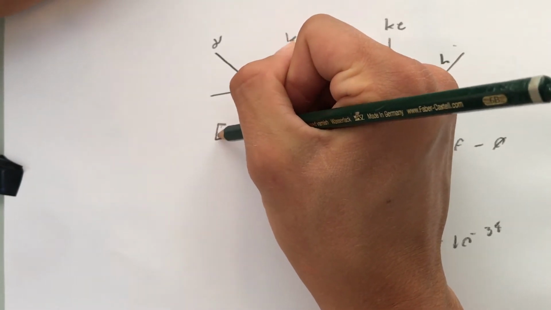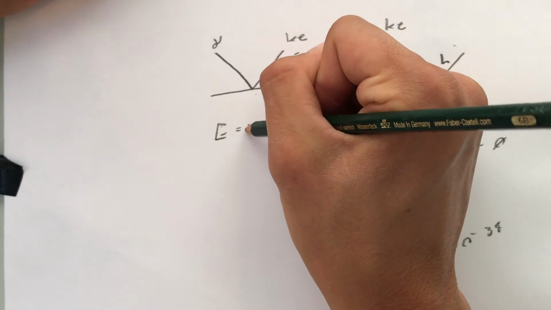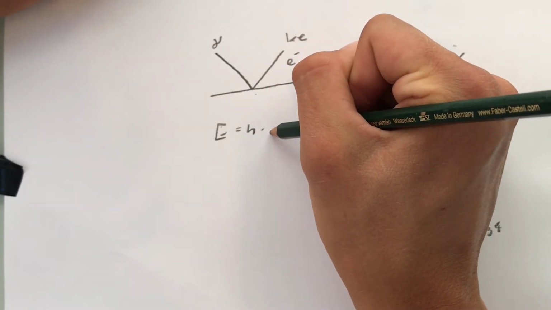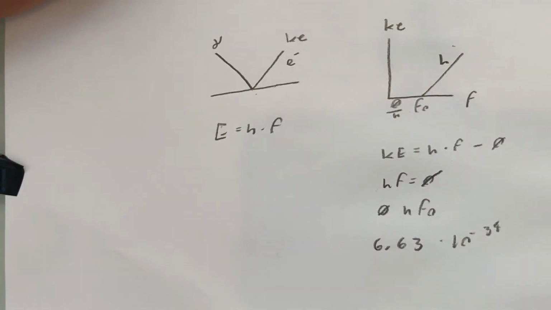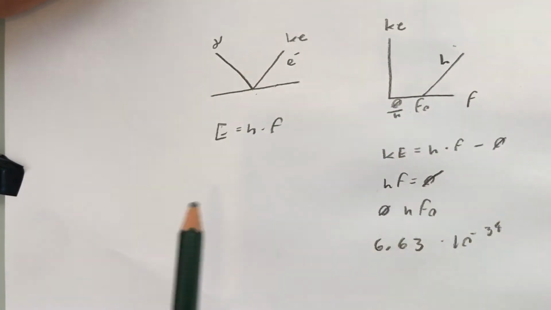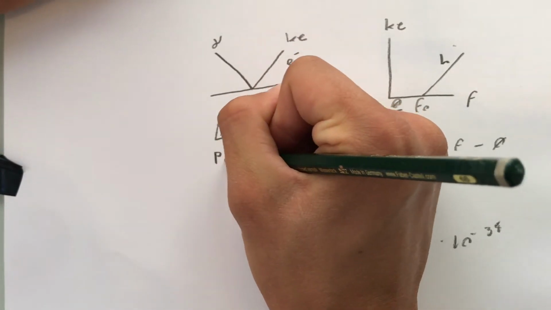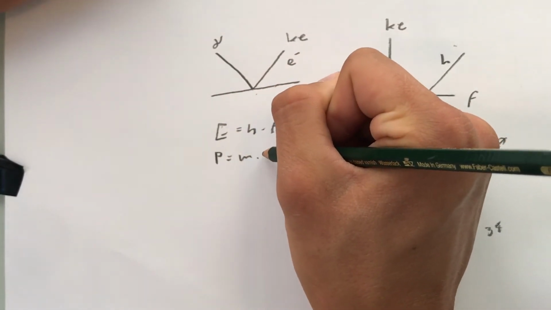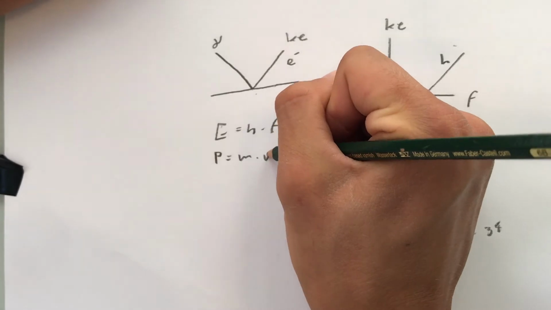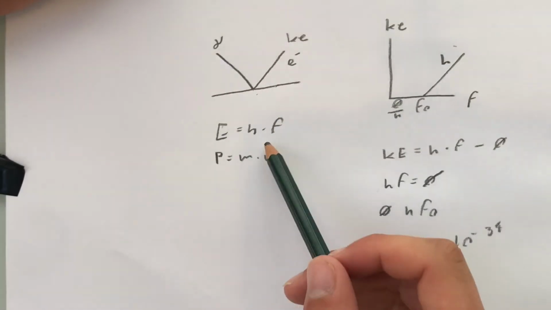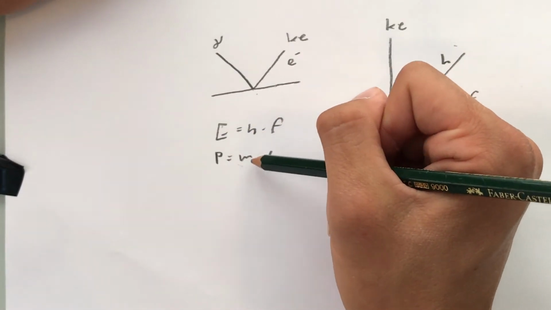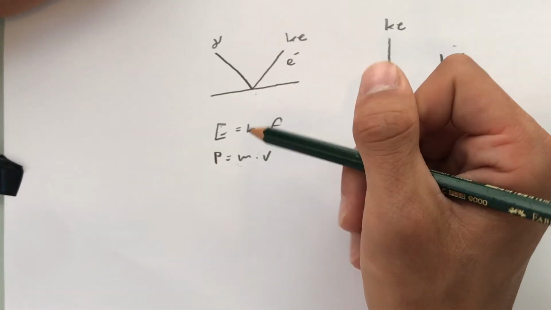So the energy of light, as I said before, is Planck's constant multiplied by the frequency. But for this to actually work, you need momentum on the light. And since the formula for momentum is simply P equals mass times velocity, that doesn't really work because Einstein's photons do not have any mass.